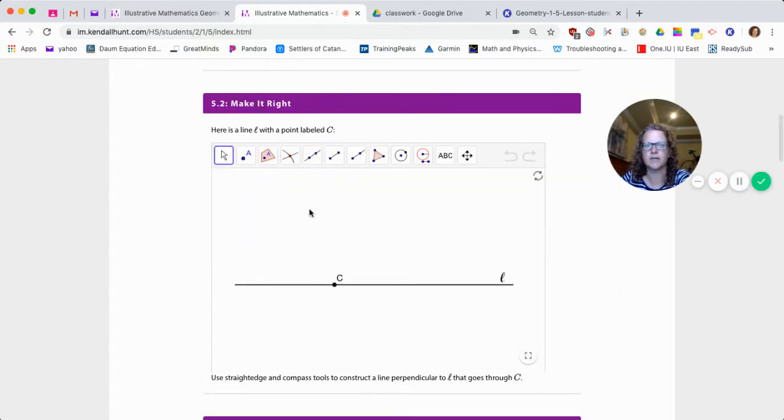In GeoGebra now, here we go. So, like I said, we want a line to go through C that's perpendicular. So I really need 2 circles. I'm going to make a point. Well, let's do this.